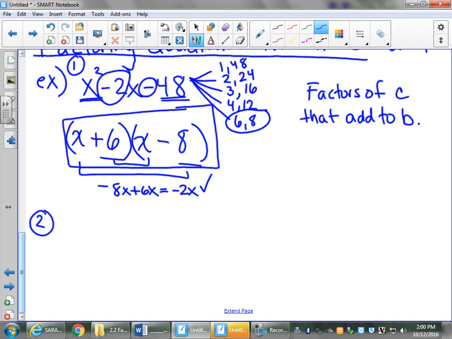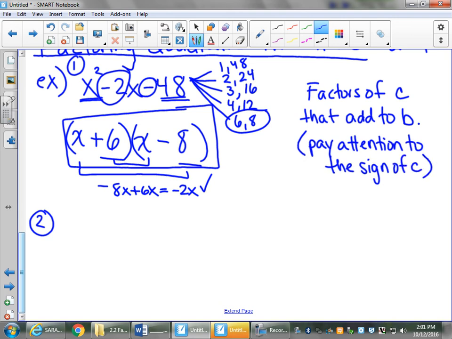But you have to pay attention to the sign of c. That's important. Pay attention to the sign of c, because that's going to tell you what your signs in your binomials have to be.